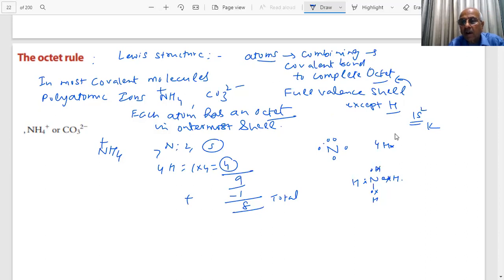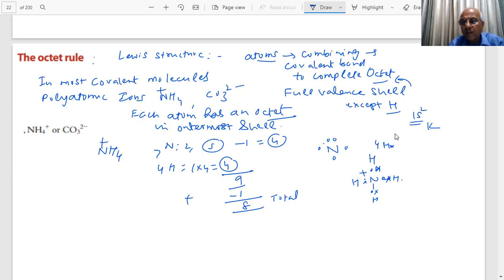So what is happening? There is a positive charge on the nitrogen, because nitrogen has lost 1 electron. Can you see that? The cross is for the hydrogen. Now every atom has an octet.